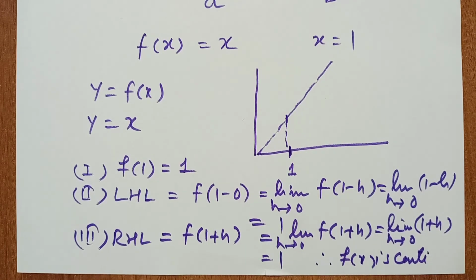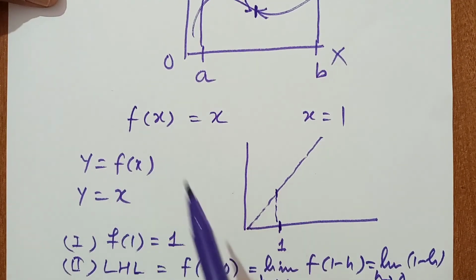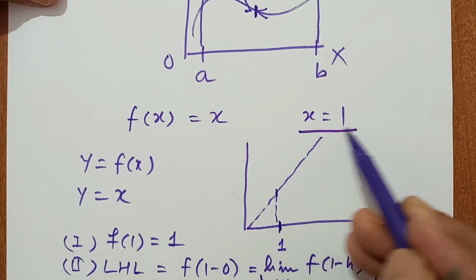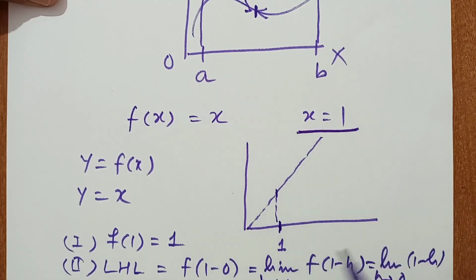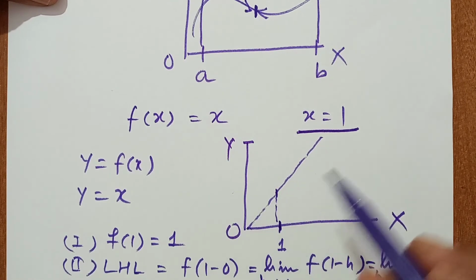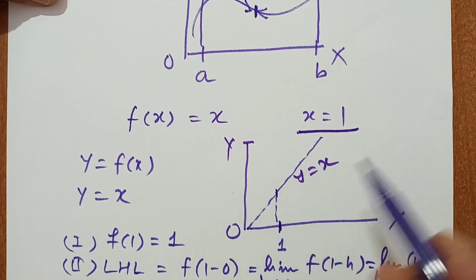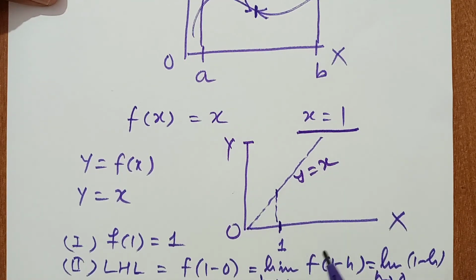So first we see what our problem is. Here f(x) is equal to x, and at which point do I want to check? x is equal to a is nothing but 1. So this is y is equal to x. For this function we check by definition.